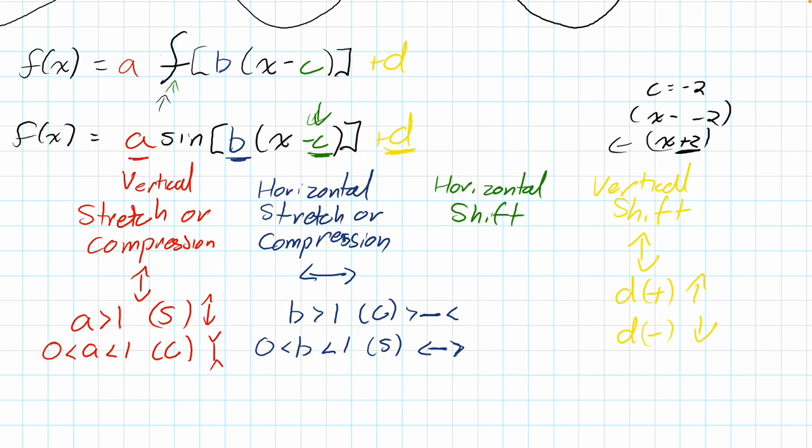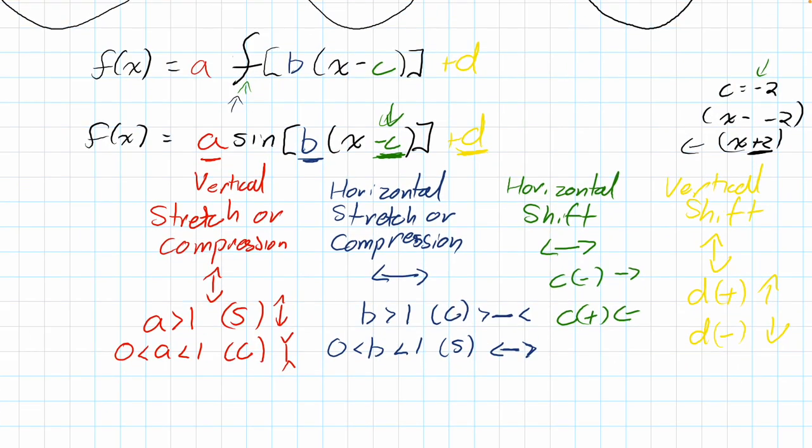You're going to learn in your next course that you can apply this general transformation equation to all different types of functions. For the sake of the argument, I'm going to say that horizontal, left and right, we're just going to write it this way. Hopefully it doesn't get confusing. See how I put the green with the negative there? If it looks like C is a negative, we're going to say it's going to move to the right. And if it looks like C is a positive, we're going to move it to the left. Just remember that technically that's not true, because that negative's there, but this is the idea of it.